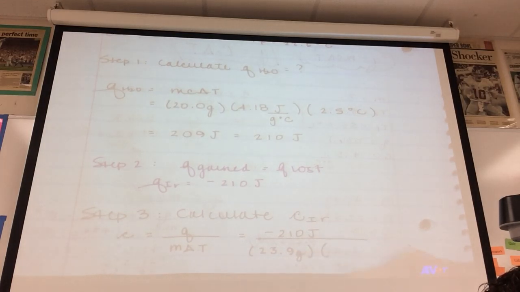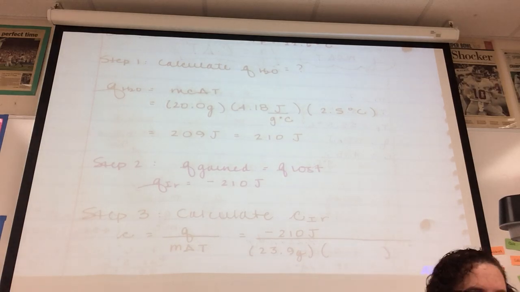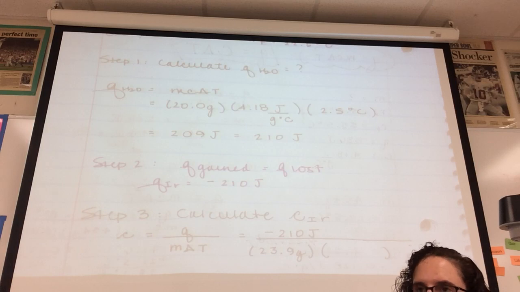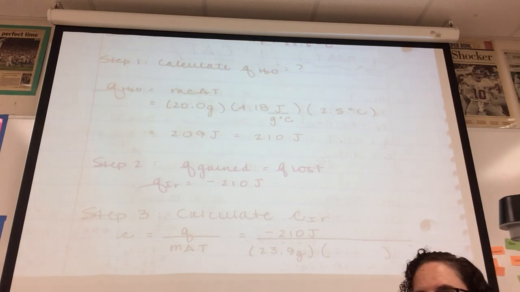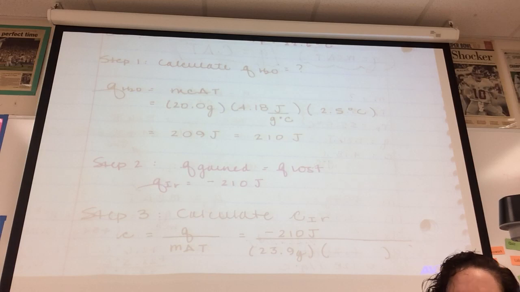How do we get the delta T for the iridium? I need like the delta T of the whole solution itself, like the water and the three. Jason, what do you got? Give me a second. How do you get the delta T for the iridium?